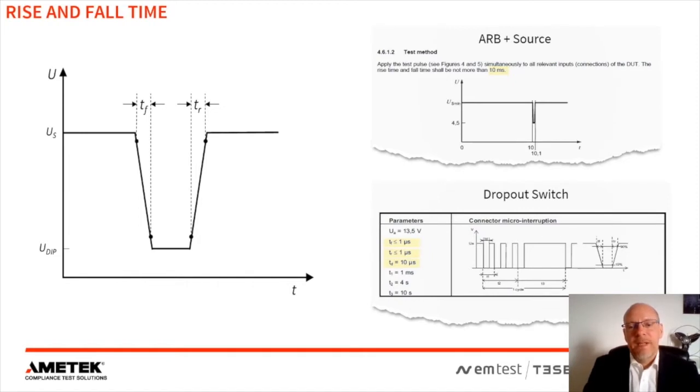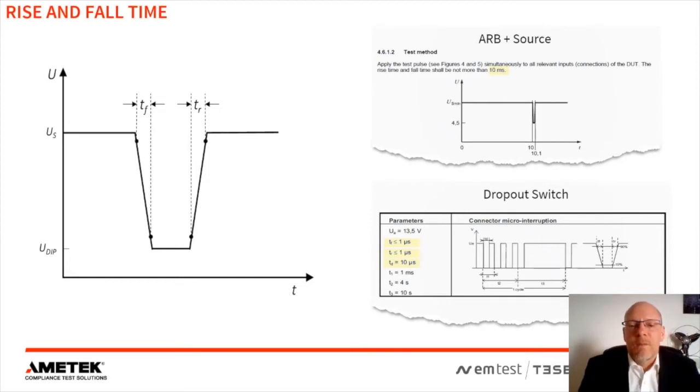Here at the top right-hand corner, we see an example of the ARB plus a DC source, or a programmable source. And it says the rise and fall time shall be not more than 10 milliseconds. Rise and fall time is typically defined in the automotive world from 10 to 90% of the event that we're simulating. So this is relatively slow, not more than 10 milliseconds.